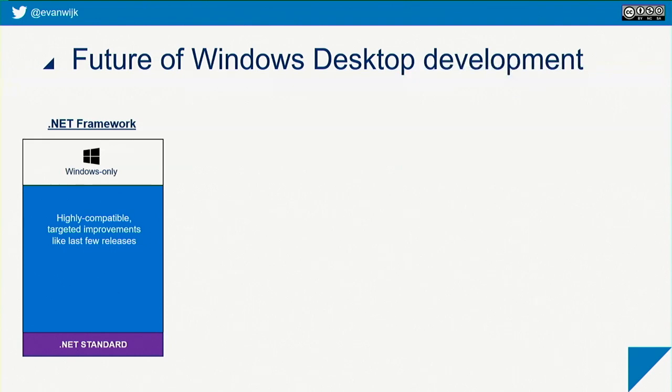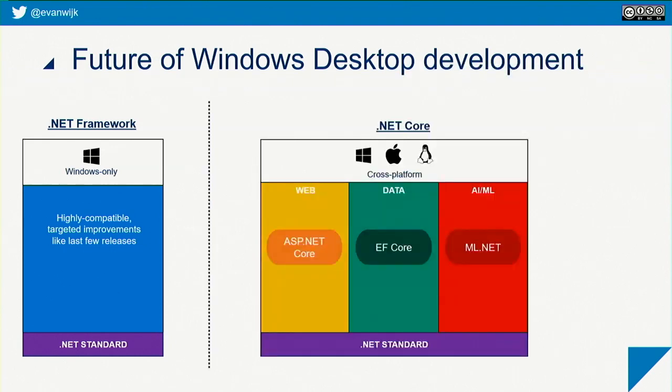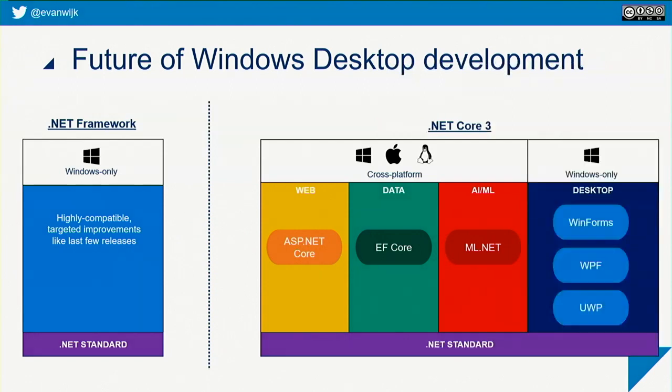But of course, next to the .NET Framework, we have .NET Core. As we all know already, we can build ASP.NET Core web applications. We can do data stuff. This is not everything that you can do with .NET Core, of course. But you can do this all cross-platform. So this runs on Linux, this runs on Windows. And now there's something new with .NET Core 3, that is the desktop application side of it.